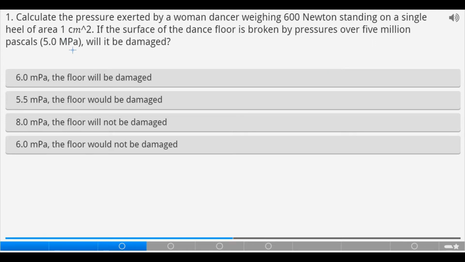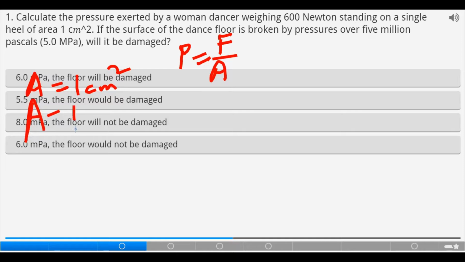So here now, I have pressure to be equal to what? Force over area. And the area here now is 1 centimeter squared. Don't forget that area here now is 1 centimeter times 1 centimeter.